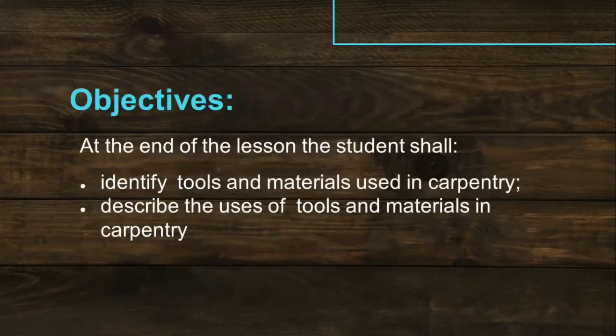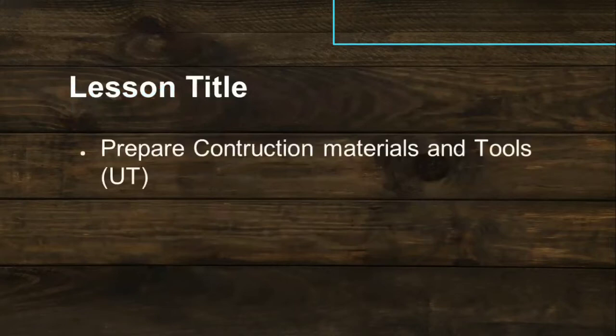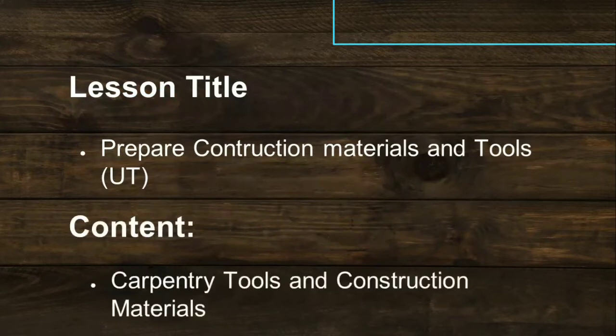For the objectives, at the end of the lesson, the students shall identify tools and materials discussed in carpentry and describe the uses of tools and materials in carpentry. For the lesson title, we have Prepare Construction Materials and Tools. For the content, we have the carpentry tools and construction materials.